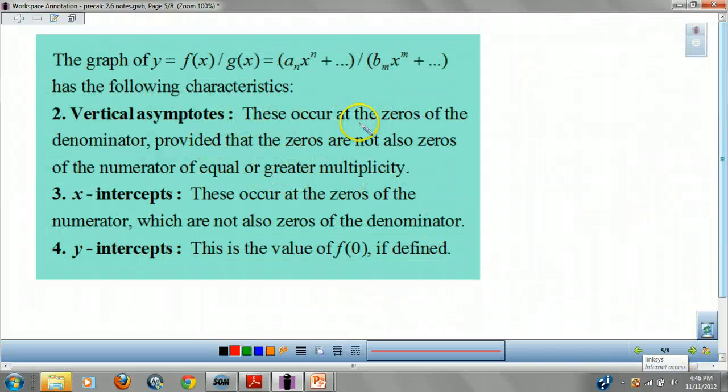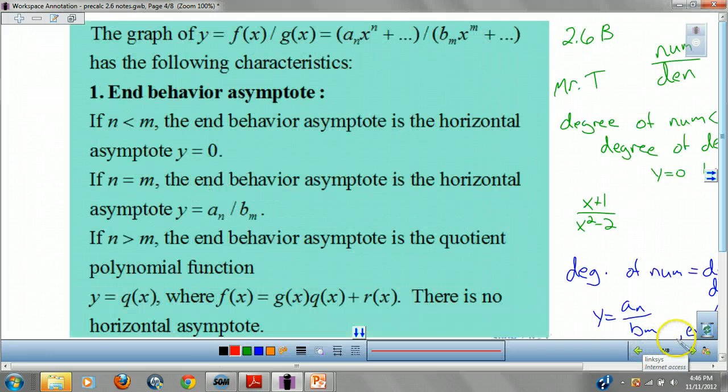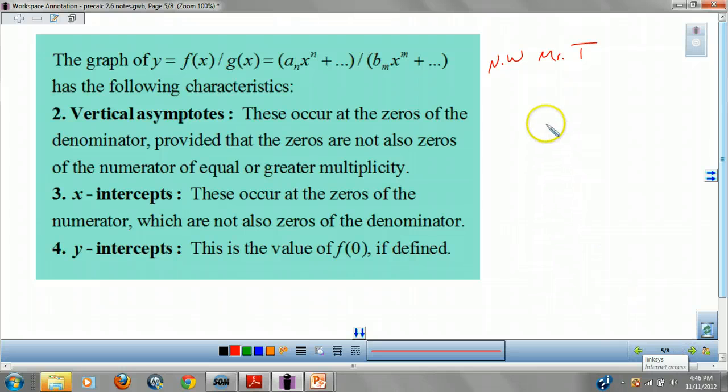There's some other things we need to find too. Again, I'll do the noteworthy Mr. T version. By the way, if you didn't write down this stuff before, you're being silly. Vertical asymptotes: you set your denominator equal to 0.